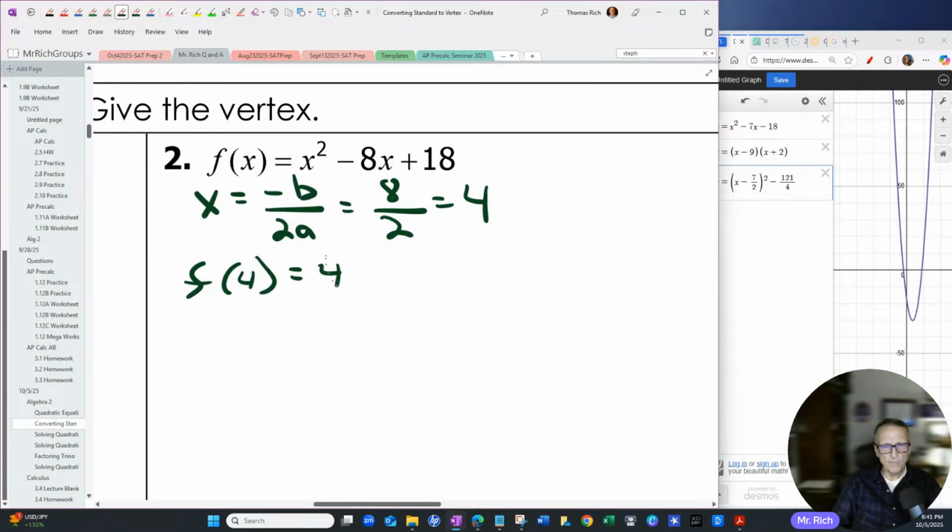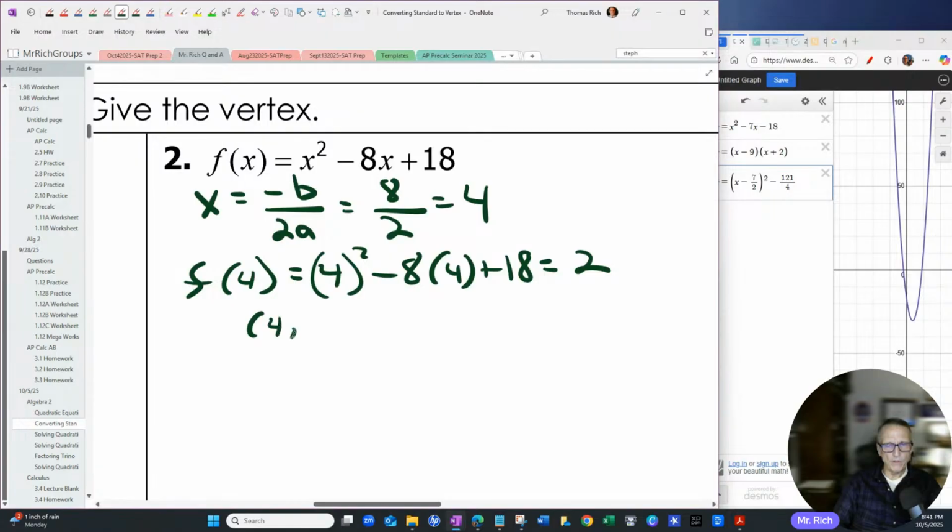So that would become 4 squared minus 8 times 4 plus 18. 16 minus 32 is negative 16, plus 18 is 2. So it looks like we've got 4, 2 as our vertex.